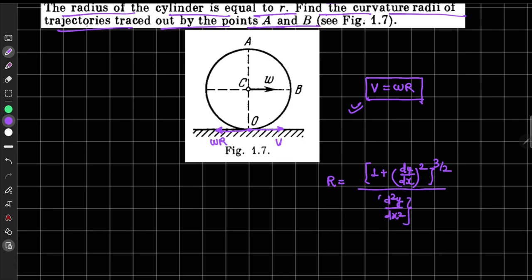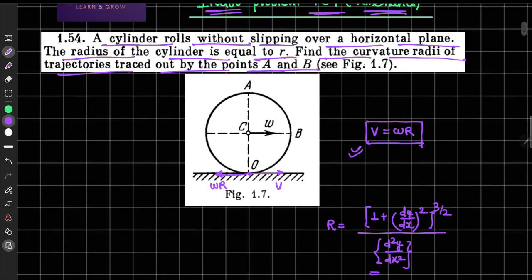But in order to apply this equation, we should know y as a function of x, that is, how the y coordinate of point A is changing with respect to the x coordinate. But in this problem we don't know y as a function of x. So we will use a different methodology to solve this problem.